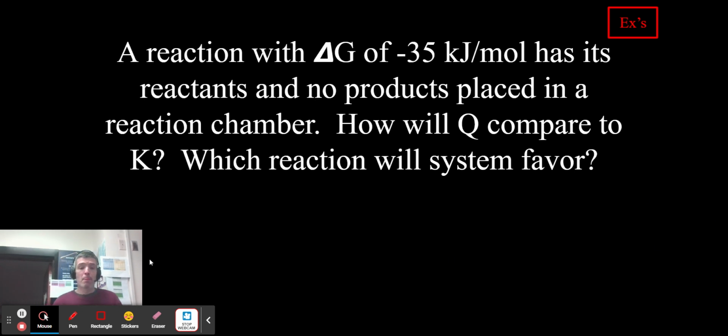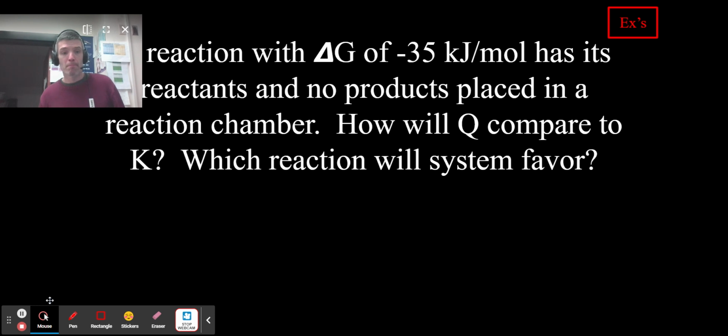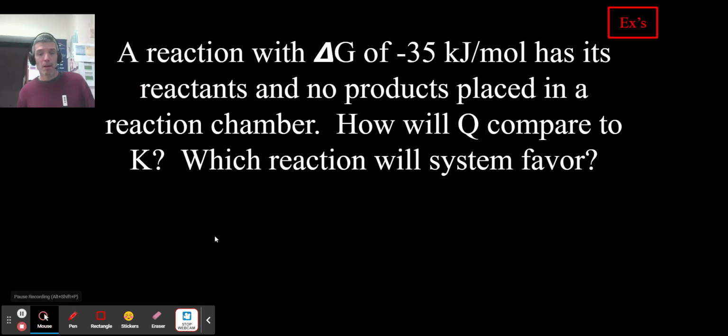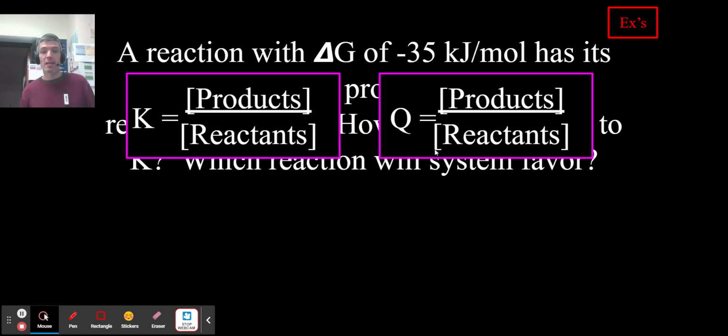All right. What about this problem where I'm given this and I want to know my Q in terms of K and which reaction, forward or reverse, all right? Remember that Q and K have the same formula, right?